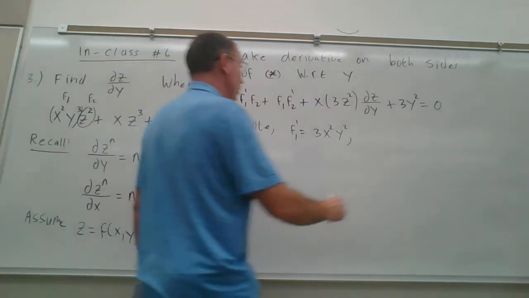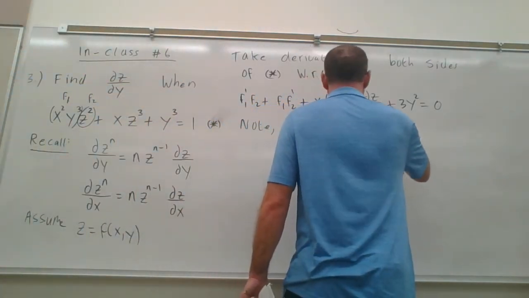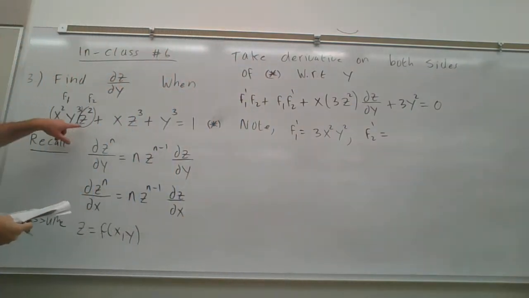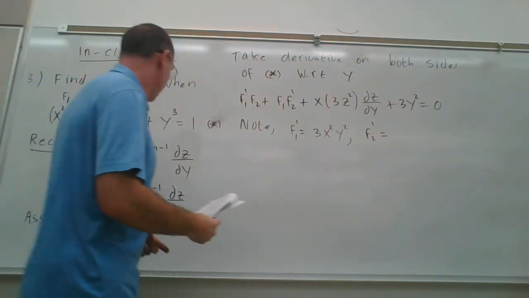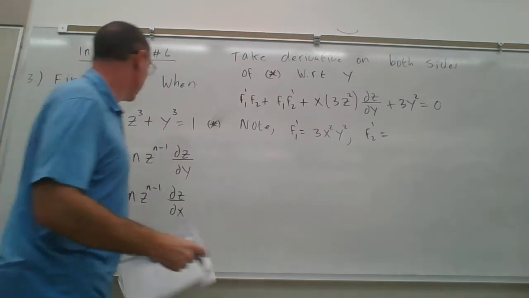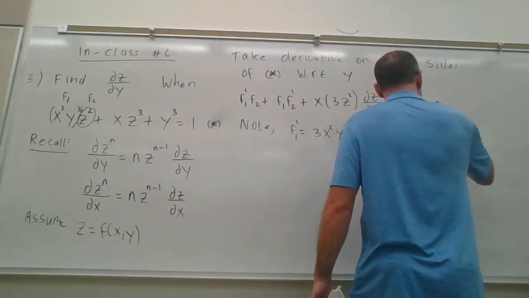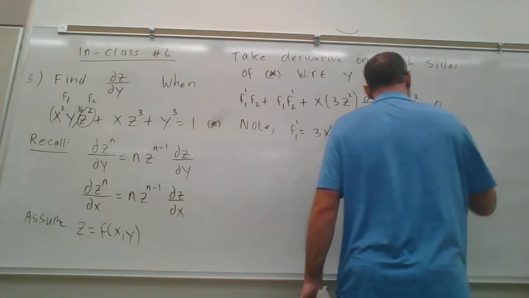The f2 prime: f2 is z squared. So using this guy here, it's going to be 2z partial z with respect to y.